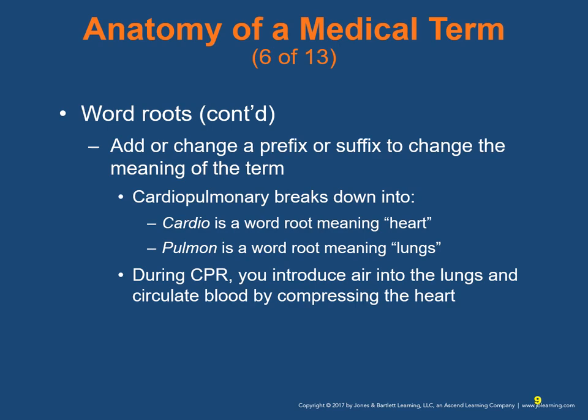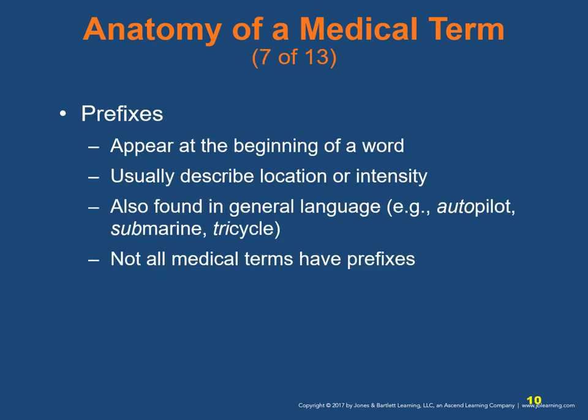Some word roots may be used as prefixes or suffixes for other terms. A prefix is the part of a term that appears at the beginning of a word. Prefixes usually describe location and/or intensity. Prefixes are found in general language, i.e., autopilot, submarine, tricycle, as well as in medical and scientific terminology.